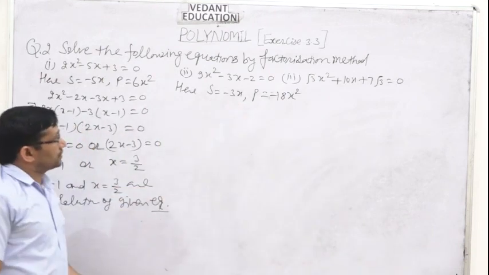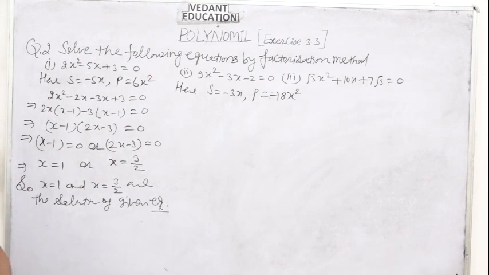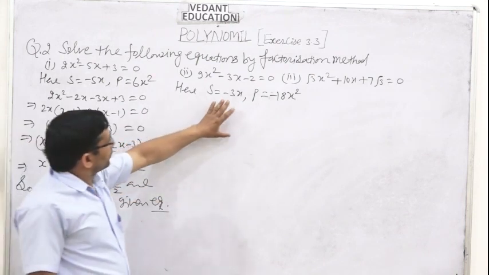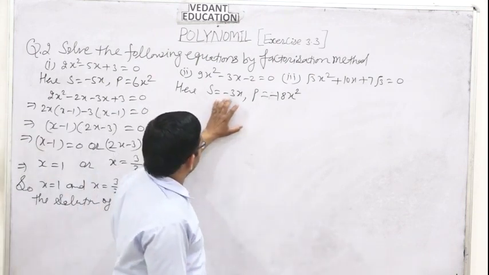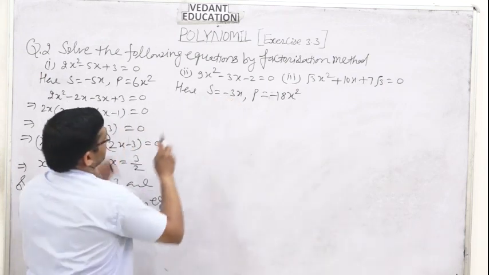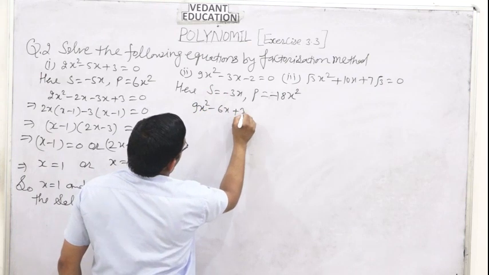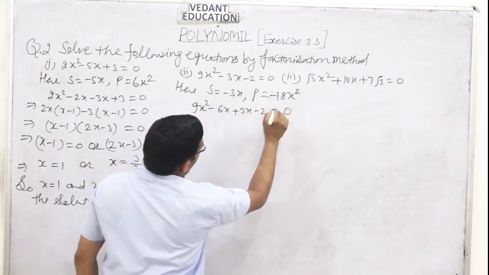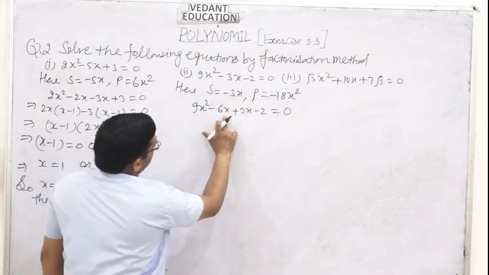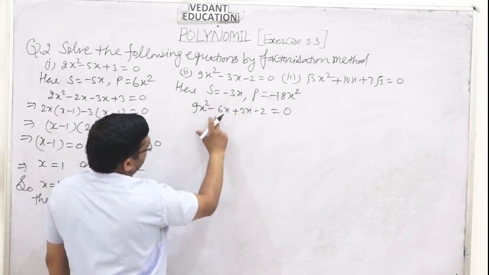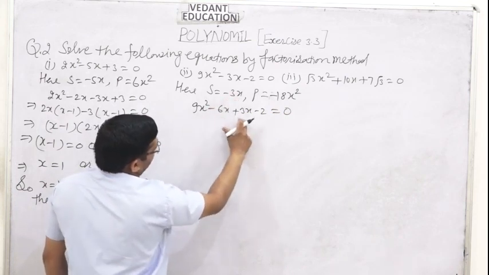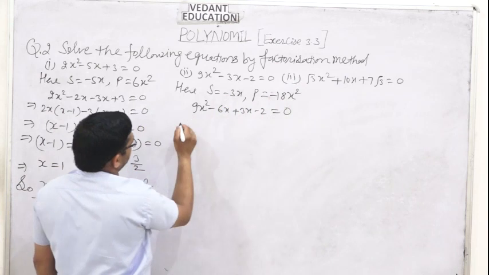So 6 3s are 18, and we have sum is minus 3x. So 9x square minus 6x plus 3x minus 2 is equal to 0. Minus 6x plus 3x is sum minus 3x and product is minus 18x square.